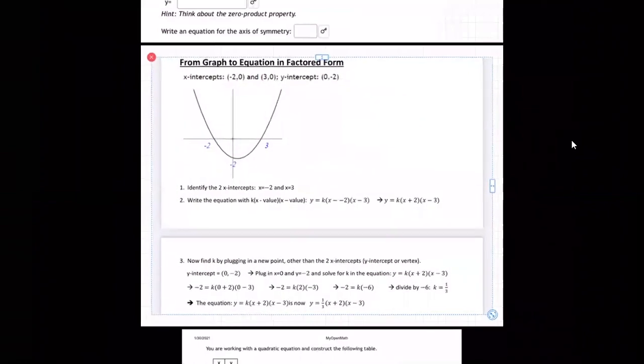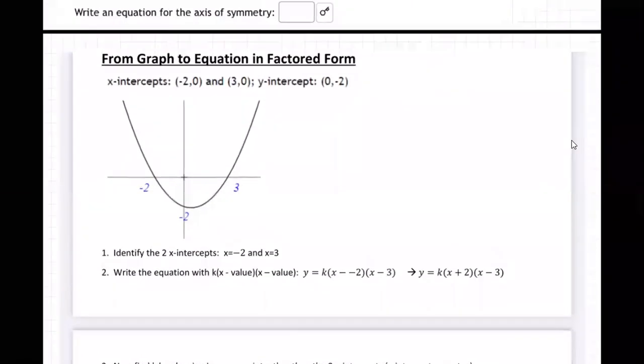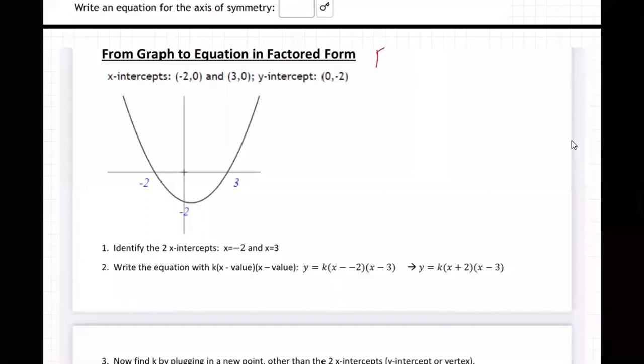So from the notes, this is from the Exam 2 notes: from a graph to the equation in factored form, identify the x-intercepts, and write the equation k, x minus value, x minus value.